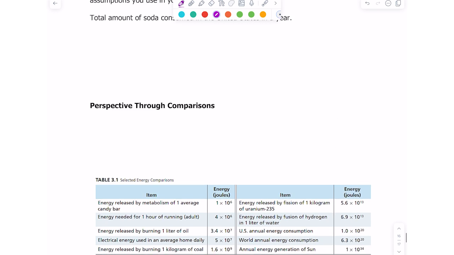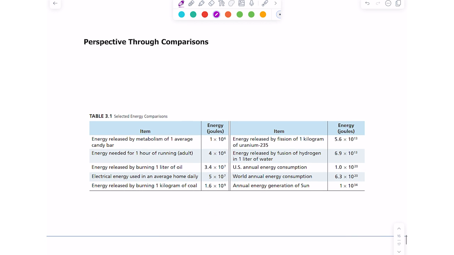Okay. Another thing we want to look at is perspective through comparisons, to be able to think about how big or small something is compared to something else. So let's say I give you this question: how big is $100 billion?